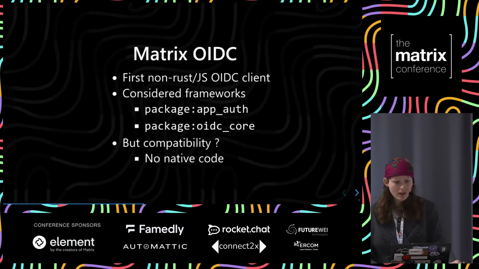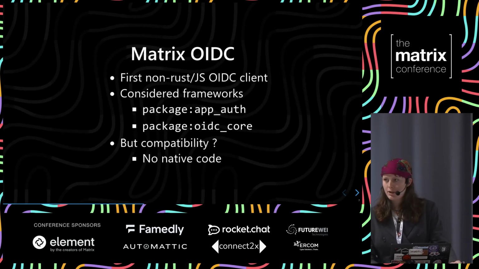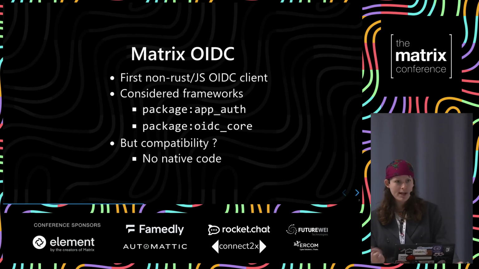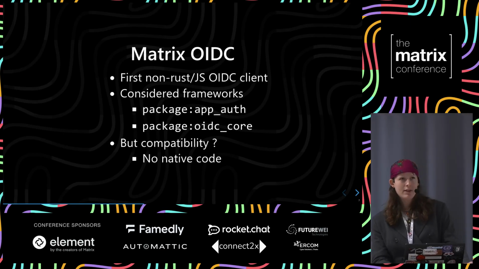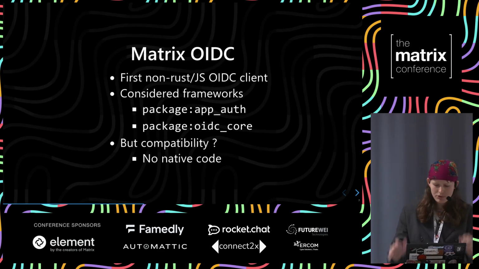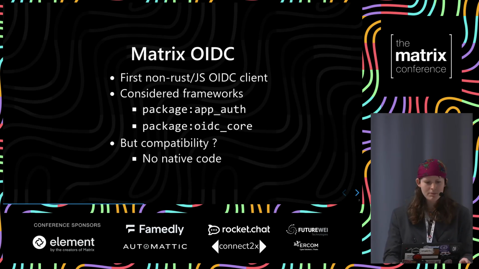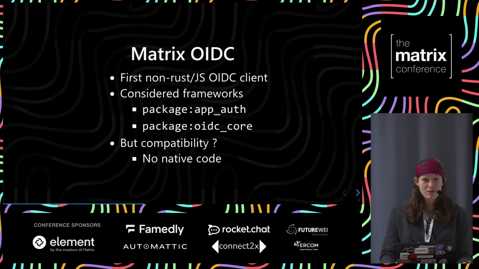Matrix OIDC in my implementation: I was just told it's basically the first Matrix client which does not build on the JS or Rust SDK, which supports OIDC. I was thinking a lot when I had the idea, let's do something with OIDC, whether I could use some random Dart packages to get the stuff done, but I quickly realized, no, they're all bad.